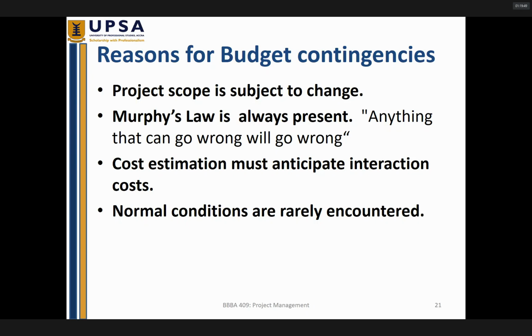Almost everything that has happened to me, I spoke it out, and with my faith backing it, it works. So in that case, it's Murphy's Law that is present. Whatever you think would happen would definitely happen.